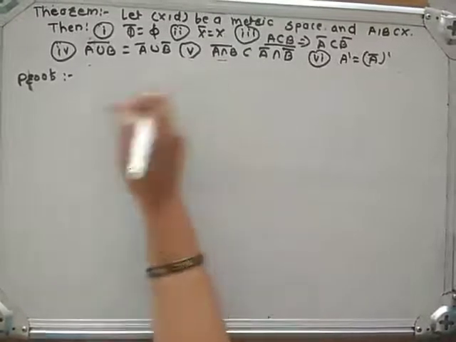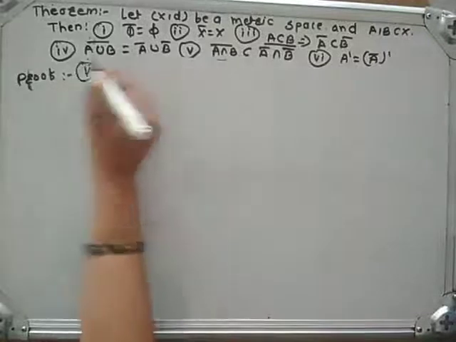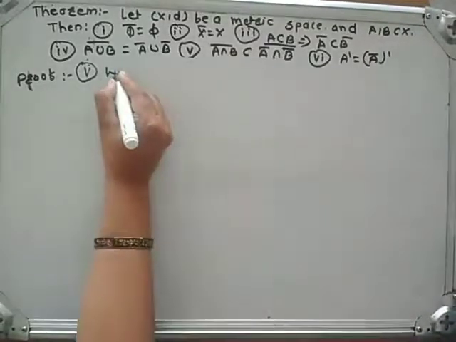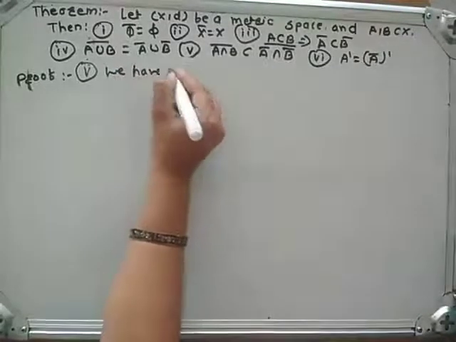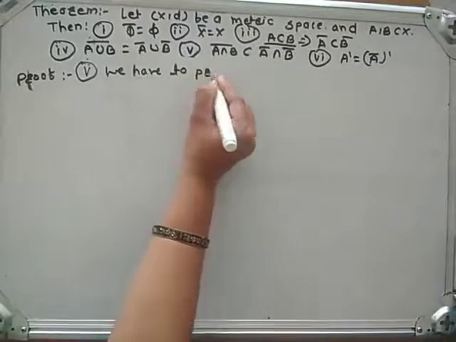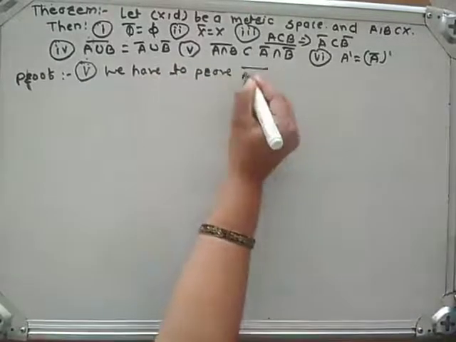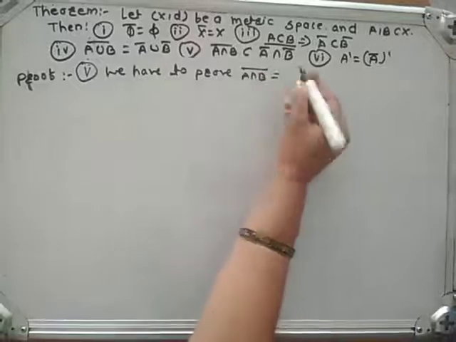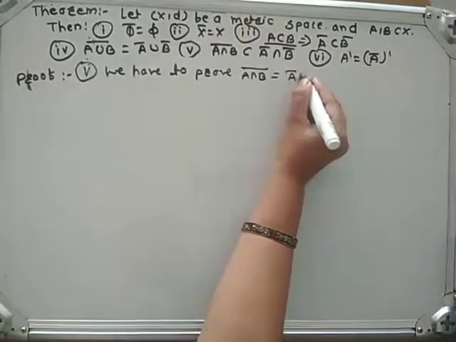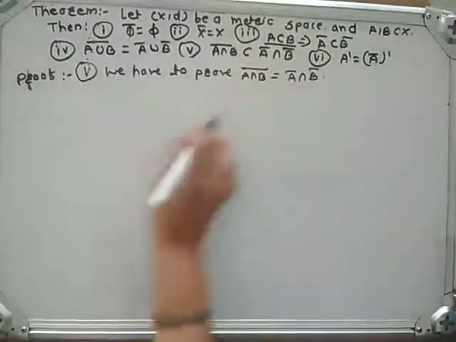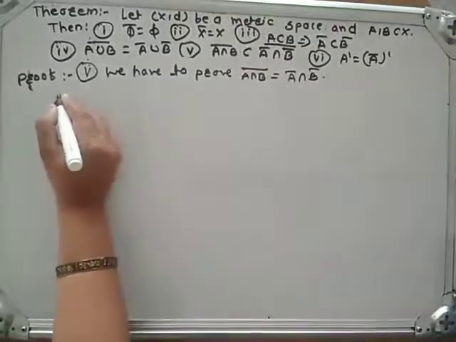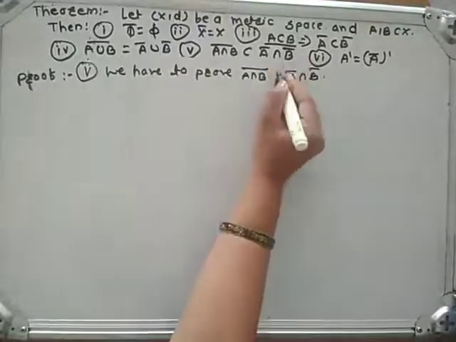Now we will prove part 5. In part 5, we have to prove closure of A intersection B is a subset of A closure intersection B closure. Sorry, here subset.